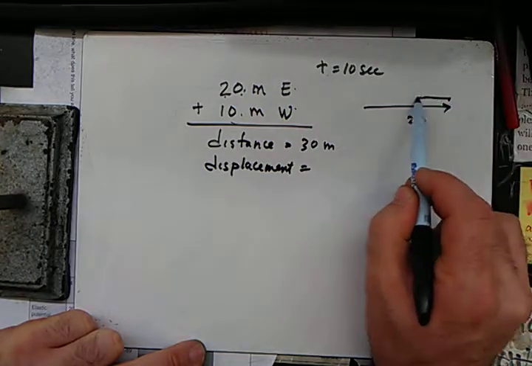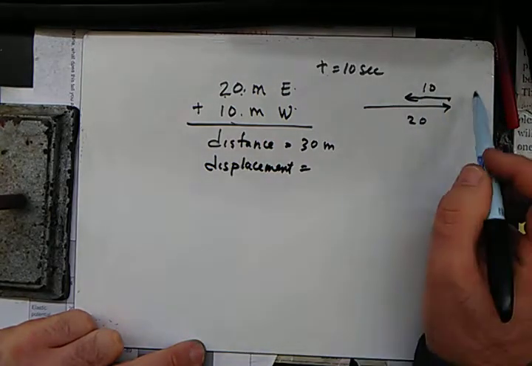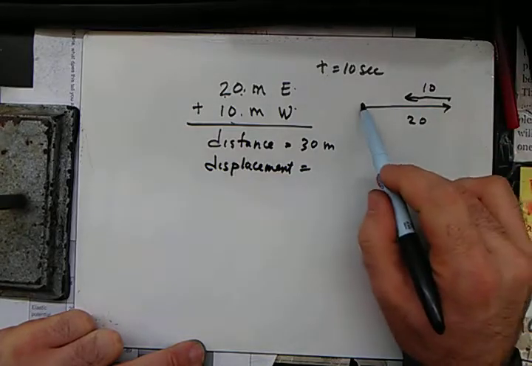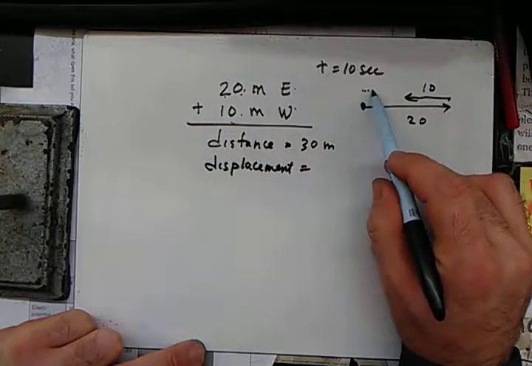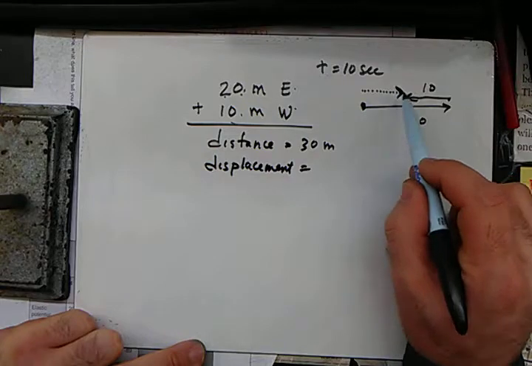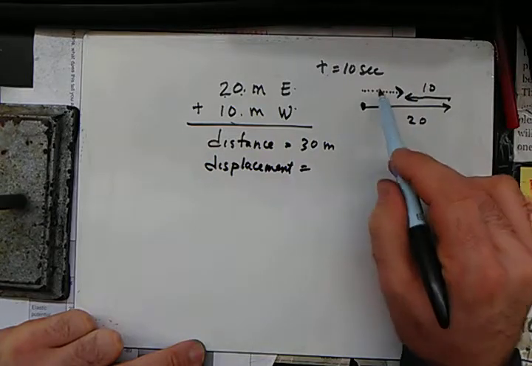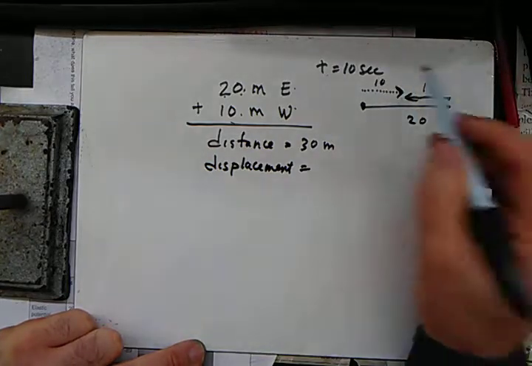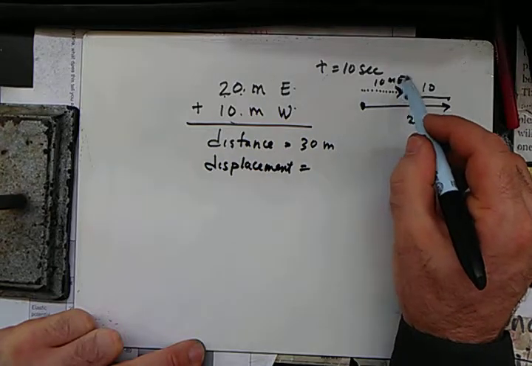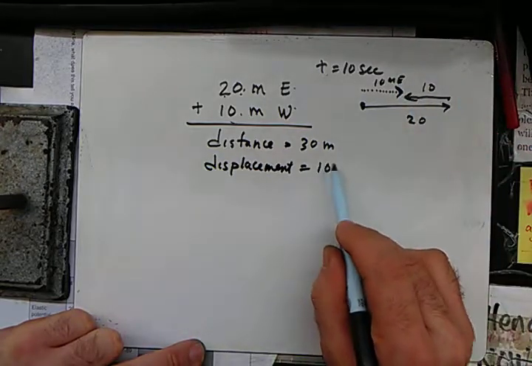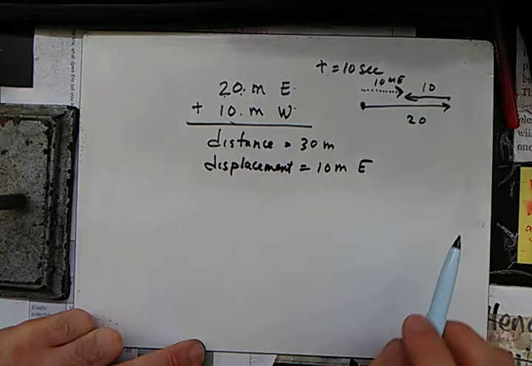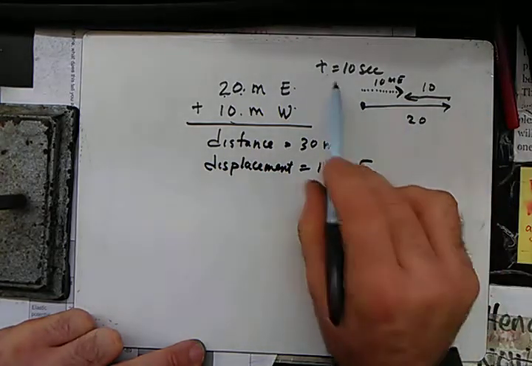And then from that point, they run 10 meters west. I'm left with this much. I'm left with 10 meters east. Okay, so my displacement is 10 meters east.